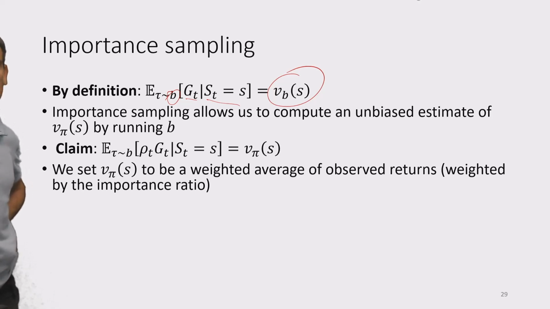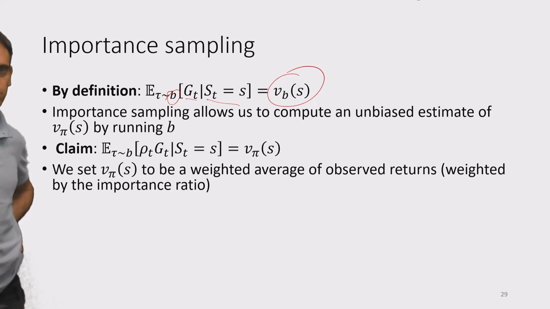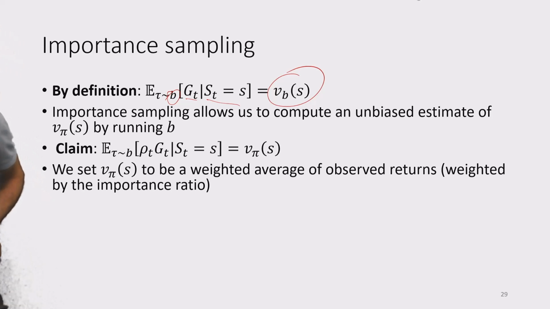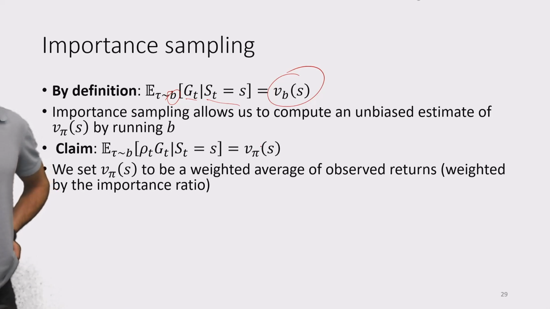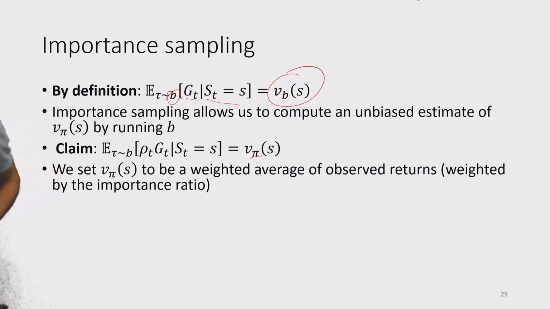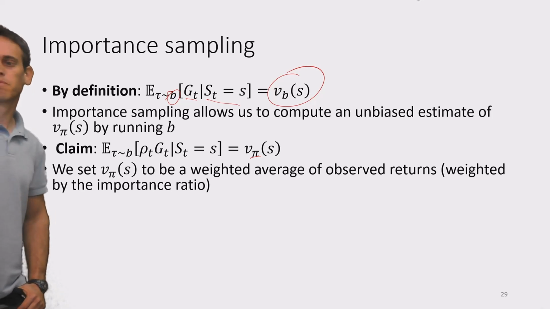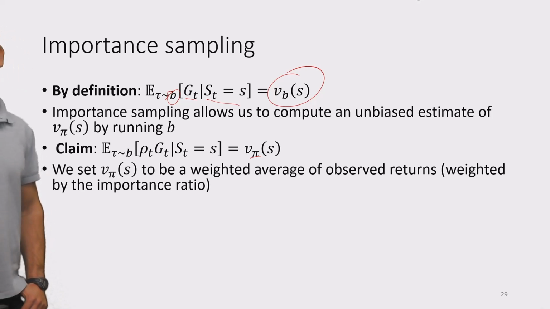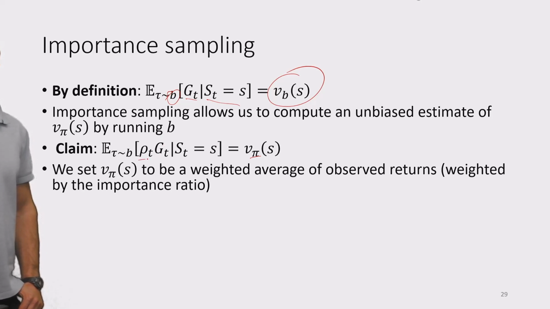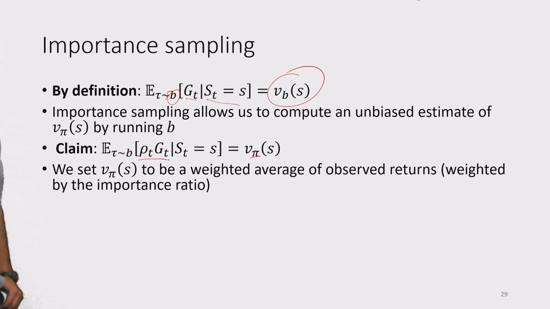So my claim, or where I'd like to eventually go to, I'll prove it, is that the state value under a different policy pi, not the one that we use in order to sample trajectories, is the expected return multiplied by the importance sampling ratio.